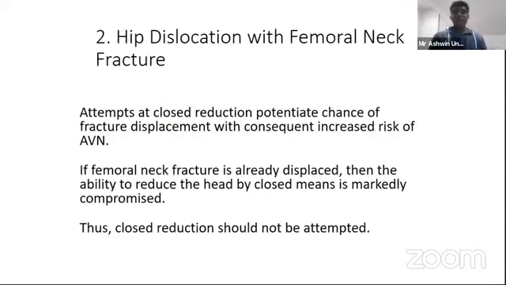Now, hip dislocation with a femoral neck fracture. One is always concerned about AVN, and you have to appreciate the fracture. Closed reduction is not something which I would advise when you have a femoral neck fracture.